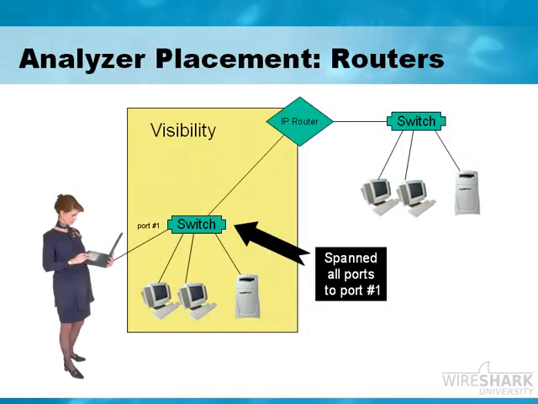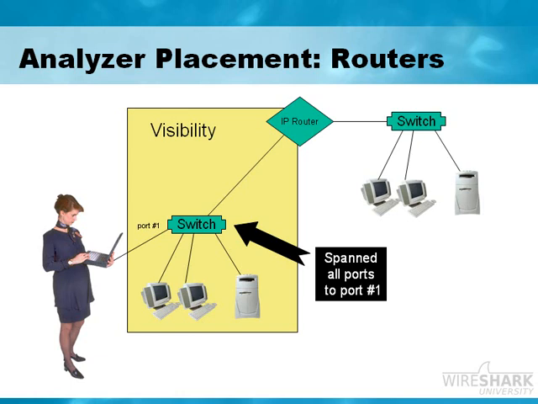In a routed environment, we have a layer 3 device that is separating multiple networks. So if the network on the left-hand side of this slide is network 10.1 and the network on the right-hand side is network 10.2, by plugging into the switch and spanning all the ports to our analyzer system, we'll be able to see anyone talking to anyone on network 10.1 and anyone on network 10.1 that talks to anyone on network 10.2.